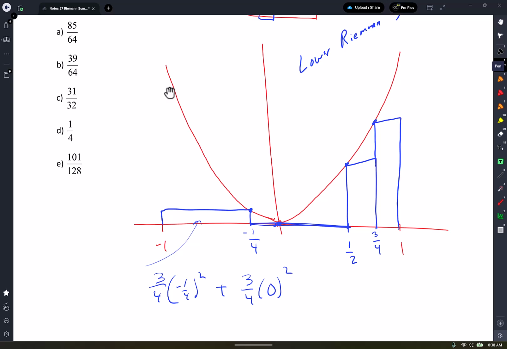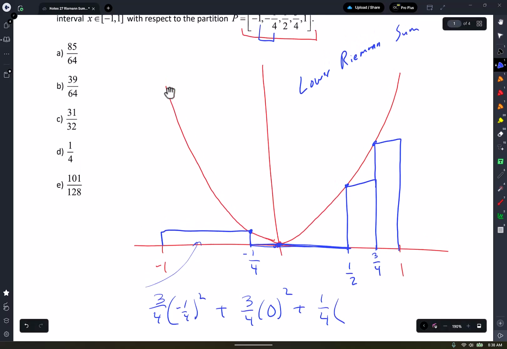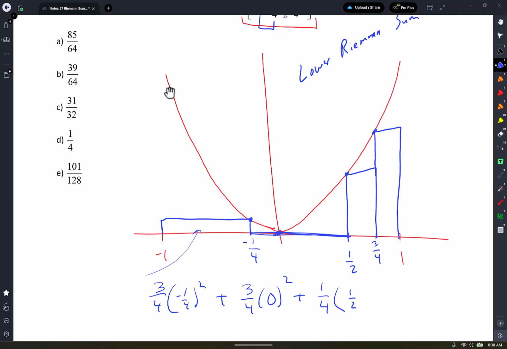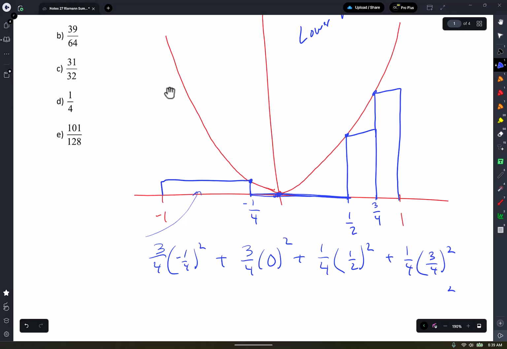Does everyone see how I got that? Plus, the gap between 1/2 and 3/4, that's like 50 cents, that's like 75 cents. So that is 1/4. Do you guys see how I got the 1/4? And then the height is dictated by the y value, 1/2 squared. Plus 1/4 again, 3/4 squared. There it is. That's my total area.